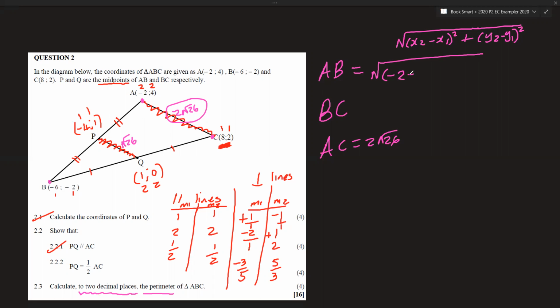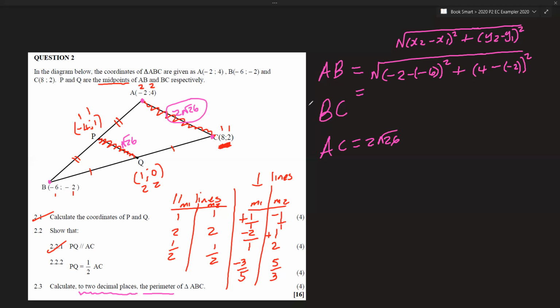And then my x1 is -6. Then you square. So this first minus is for there, and then the other minus is for the -6. Usually some people prefer to put the bracket there, right? Plus my y2 is 4 and minus -2, which is my y1, then squared.